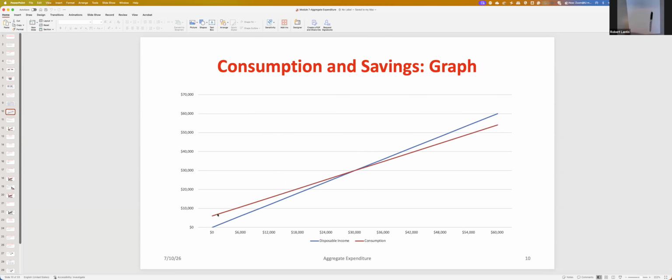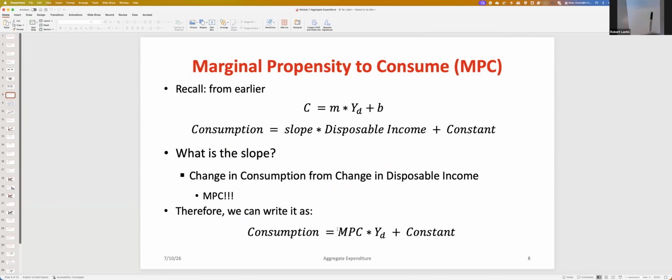And we then said the actual level of consumption may not always be the same as our disposable income, because we save some of our income. Also, there's a certain amount of money initially, even if disposable income is 0, that we're going to have to spend.